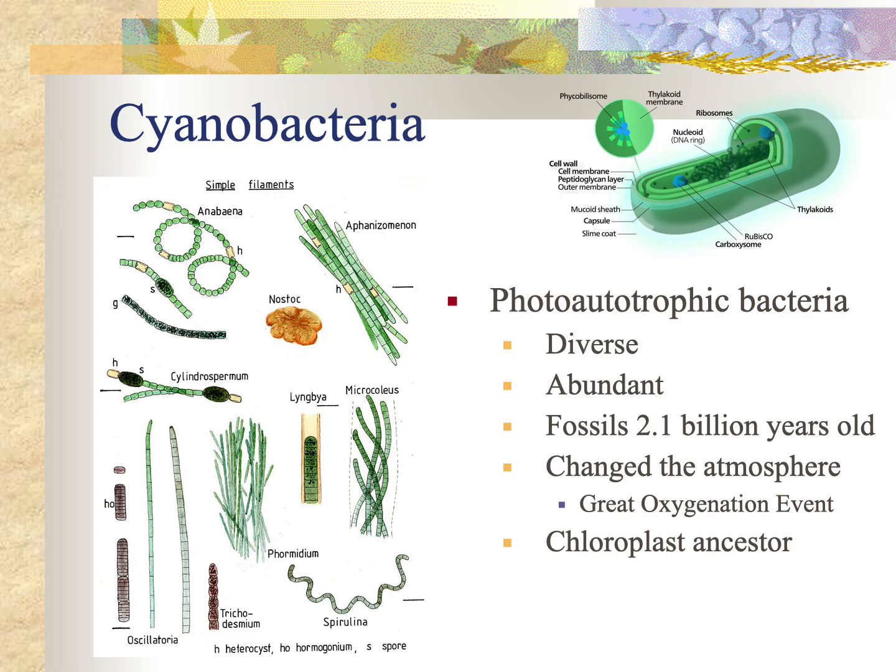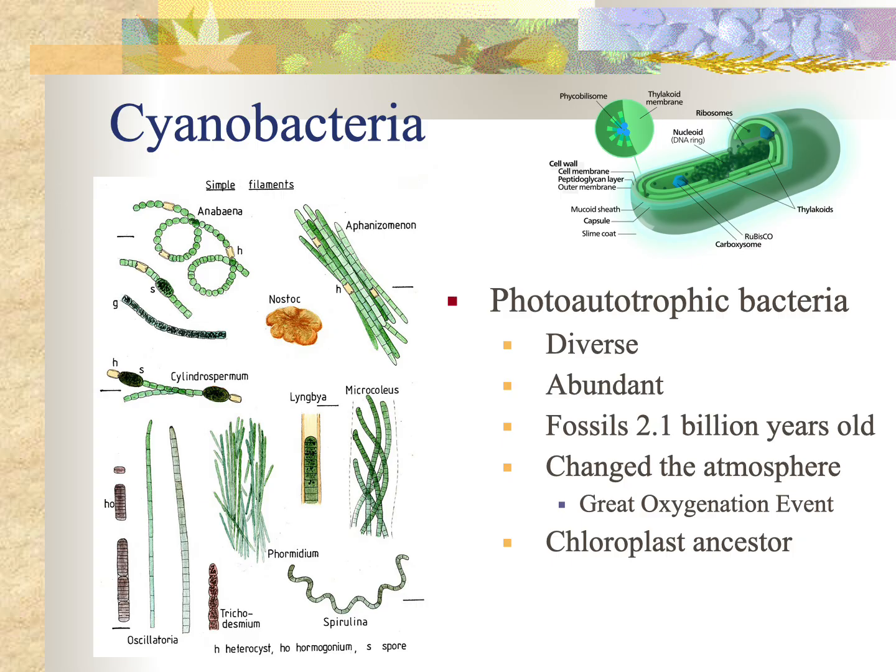In addition, these bacteria are clearly related to the chloroplasts that we find in eukaryotic cells. They have a similar size, a similar shape. They share DNA. Remember, chloroplasts do have their own DNA, and it is a circular loop like in bacteria.